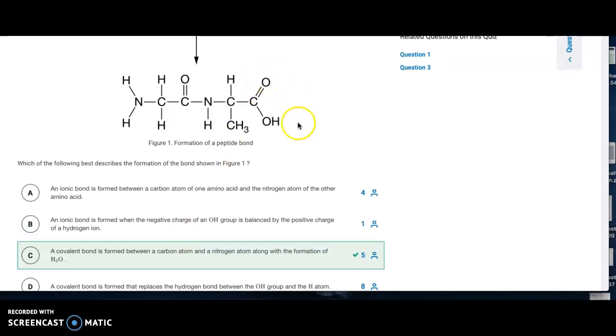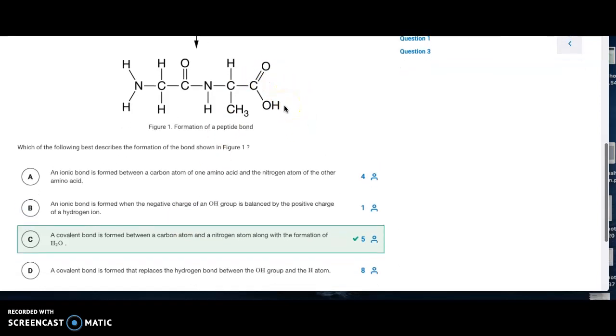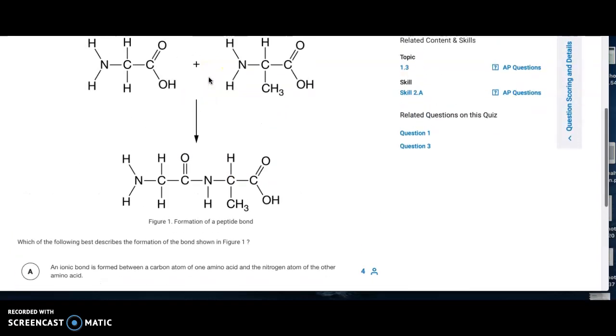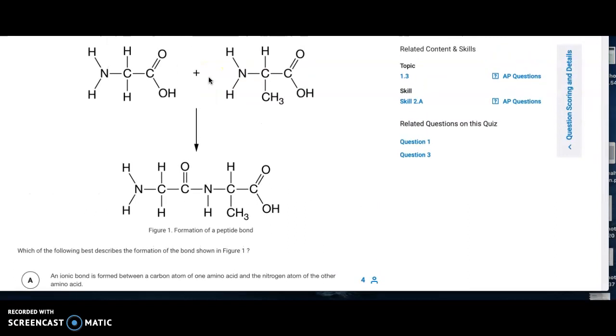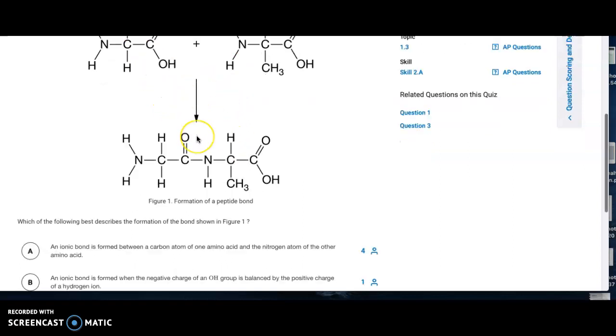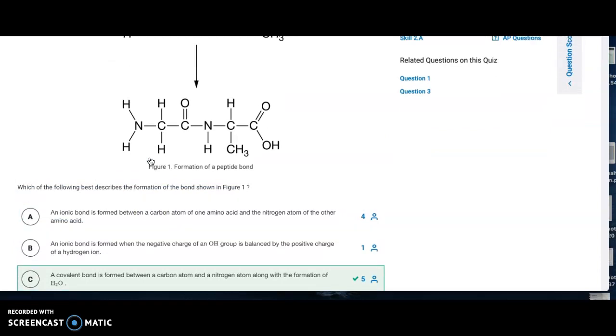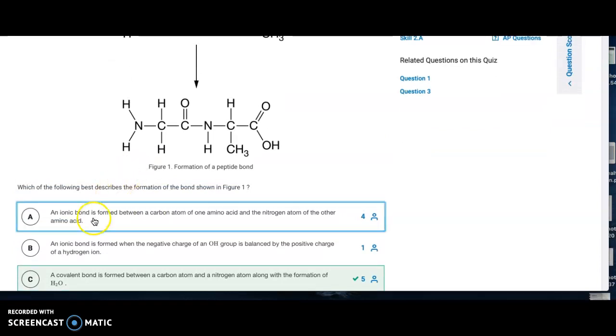Now, in this one, they don't show water to you, but it is a covalent bond between the carbon and the nitrogen. And the result is going to have to be the loss of the hydrogen here and this OH group here, which will become water. Now, some of you selected an ionic bond between the carbon of one amino acid and the nitrogen of another. It's not an ionic bond. It is a covalent bond.